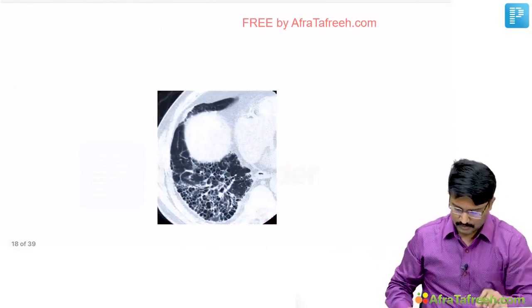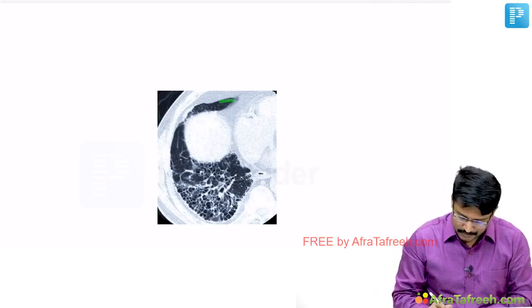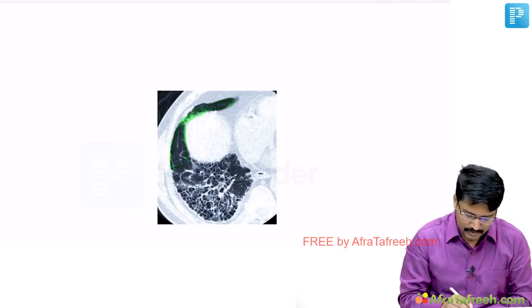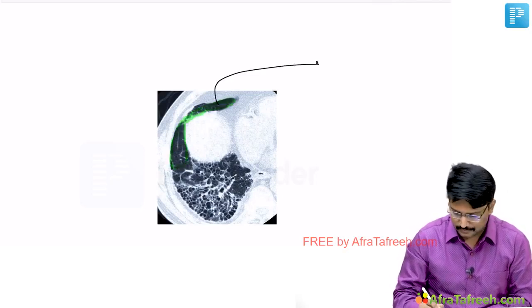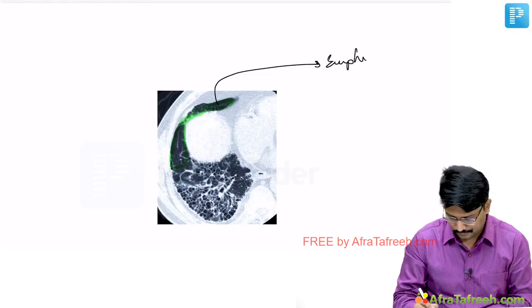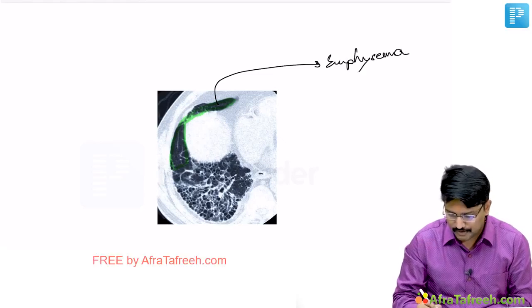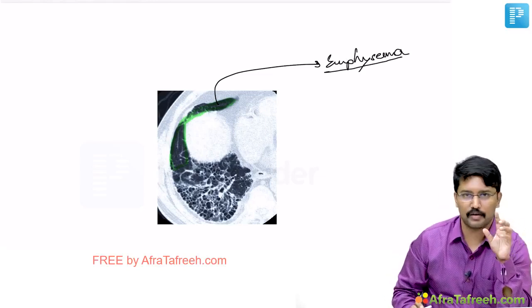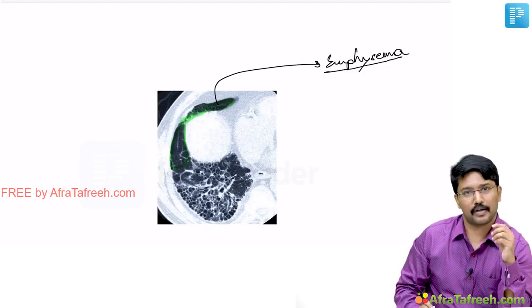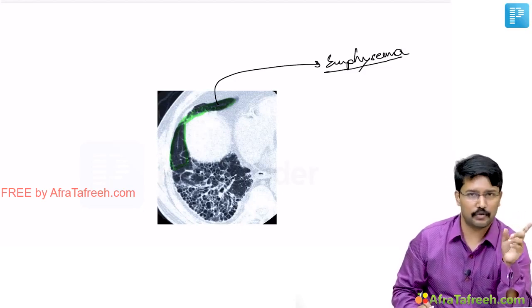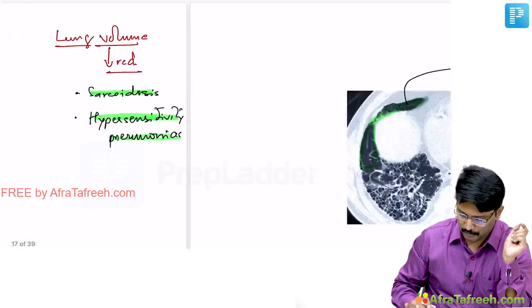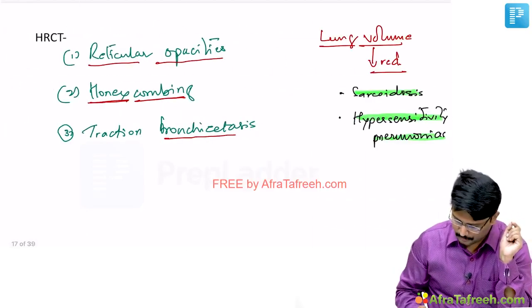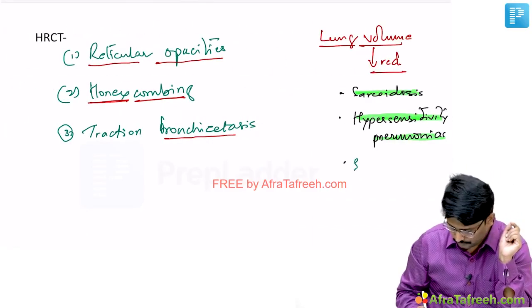You can see on this CT, I first draw your attention to this portion of the lung, which shows emphysematous changes. Since most of these patients have smoking history, there may be coexistence of emphysematous changes, and those who have emphysema may not have significantly reduced lung volume. So that is another situation where, apart from sarcoidosis and HP, you may see normal lung volume.